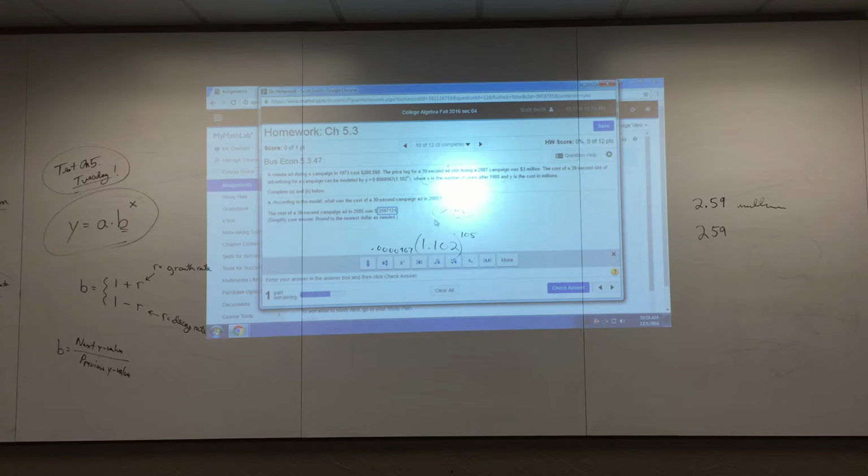I'm rounding to the dollar, so I'll call it 131. Fantastic. But your calculator said 2.59, and that was 2.59 million. So you had to move the decimal all the way over and keep track of those decimals to get it to the nearest dollar. What a pain.